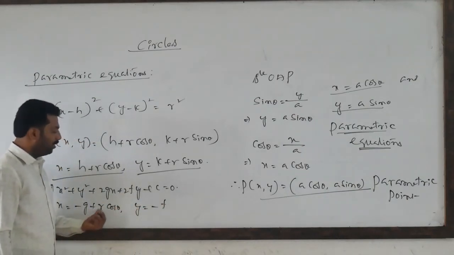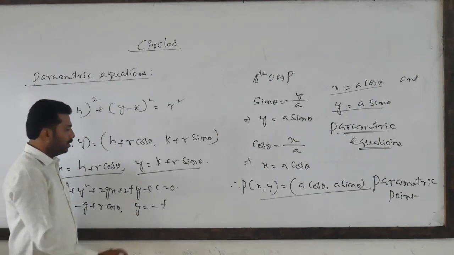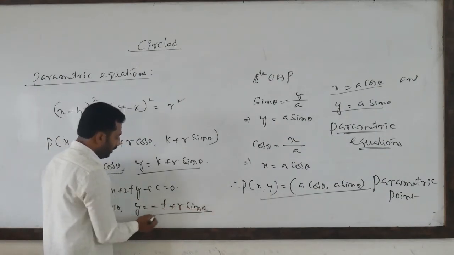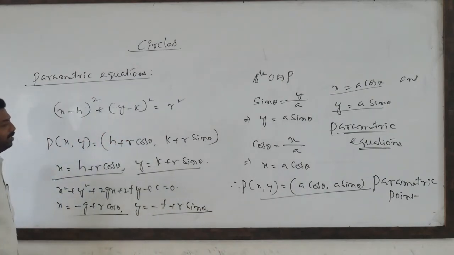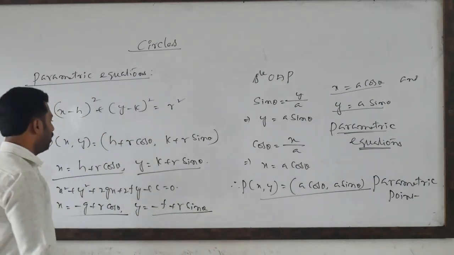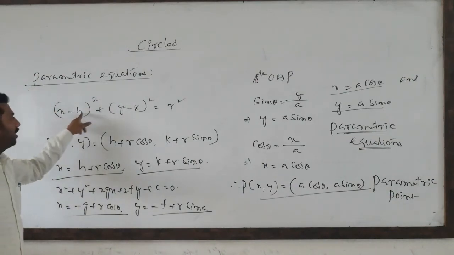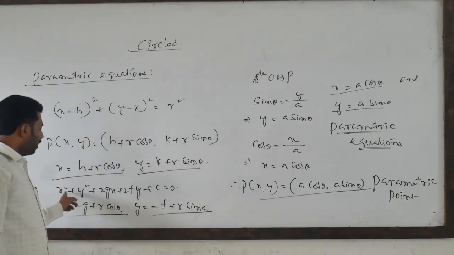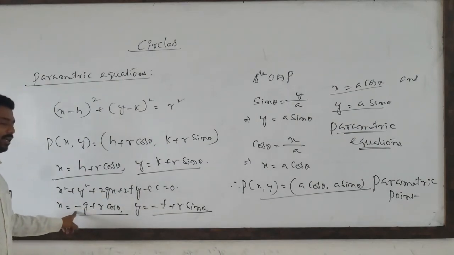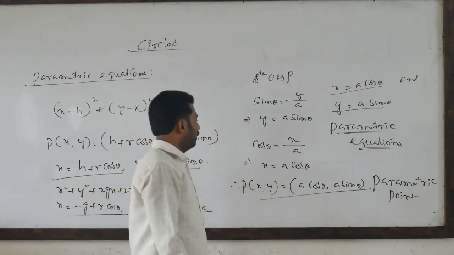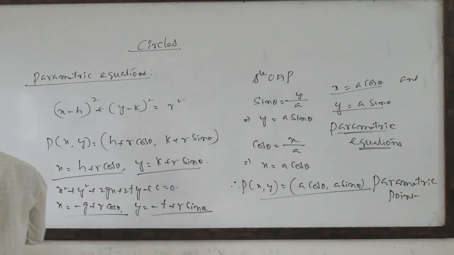So x equals minus g plus r cos theta, and y equals minus f plus r sin theta. So these are the parametric points and parametric equations which are not in standard form. H comma k is the center in the earlier one. For the general equation of a circle, the center is clearly minus g comma minus f. So this is the way of answering this type of questions.